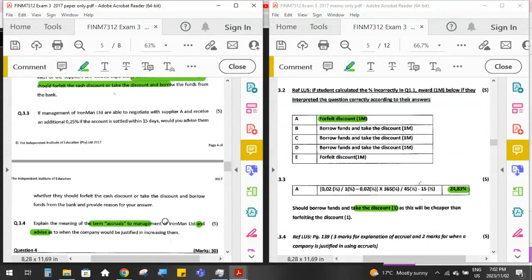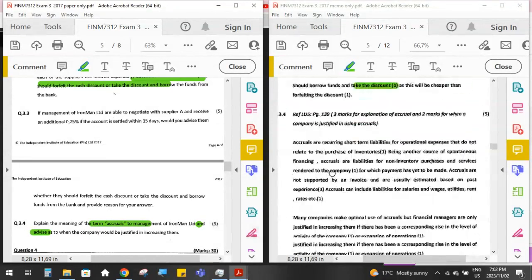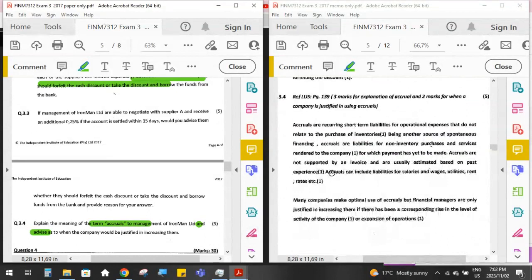So in your textbooks again, you will find the discussion on accruals on page 152. There's the paragraph on accruals, and you'll see that that paragraph in the textbook is basically exactly what they have written here on the memo.